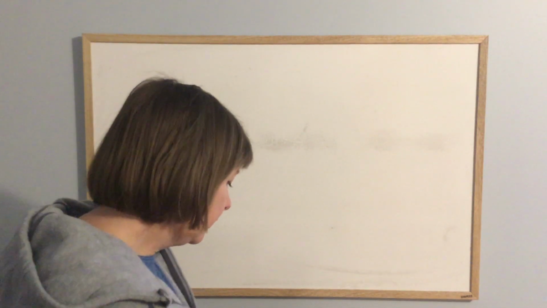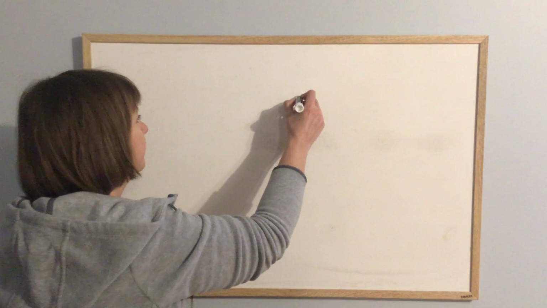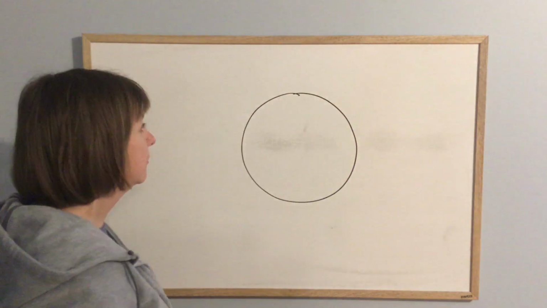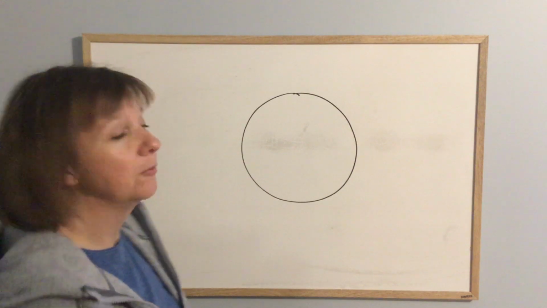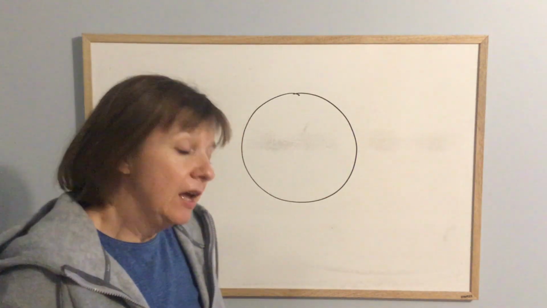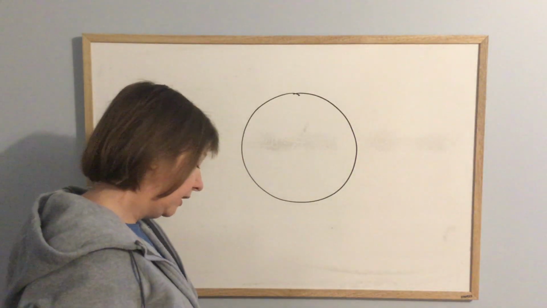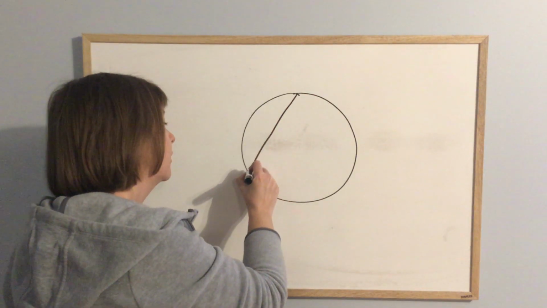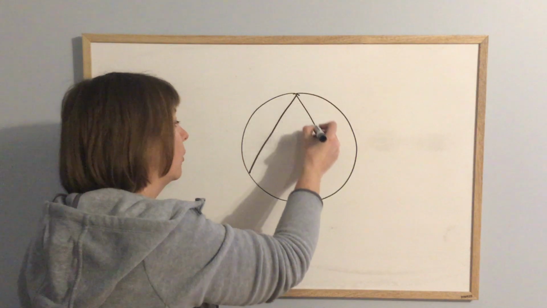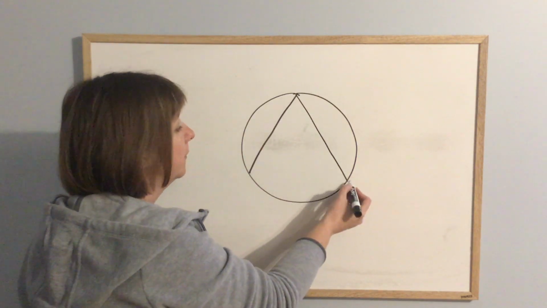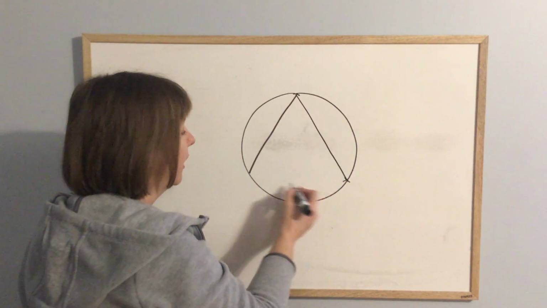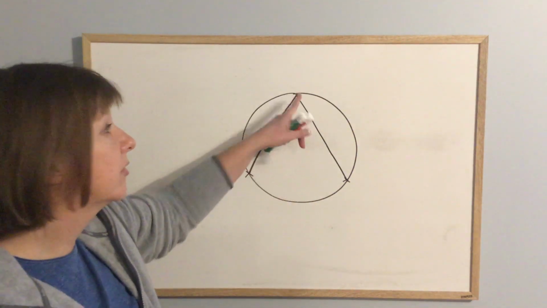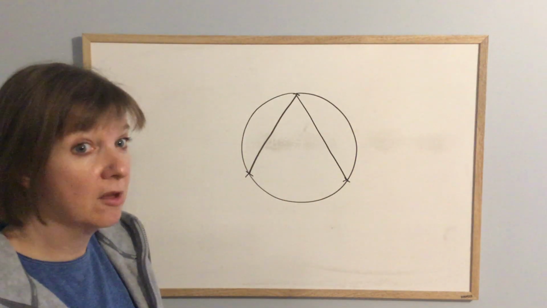Okay, so when we have a circle, if we have an angle inside a circle, so we have a chord here and a chord here. So we'll say this chord ends here and the other one ends here, and they both start at the same place.